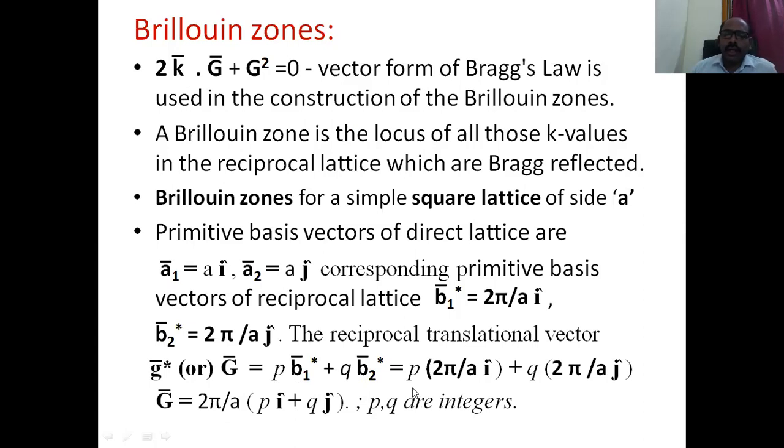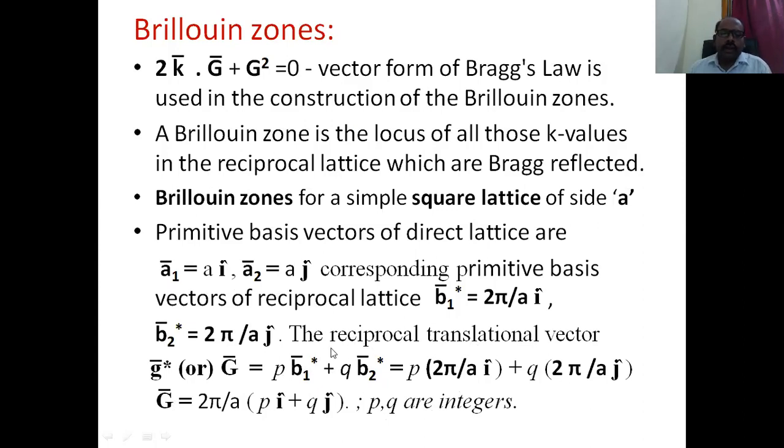In hkl terminology, k is an integer, so there is a chance for confusion with the k bar vector. Therefore, I am taking p, q, r as coefficients of these basis vectors in the translation vector. Now p, q are integers, and we have a general translation vector in reciprocal lattice.